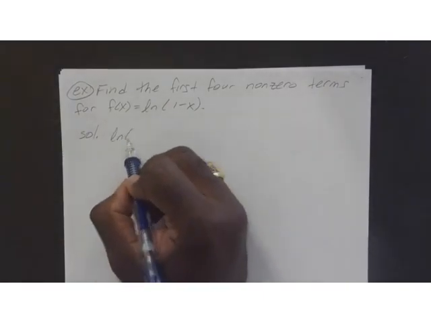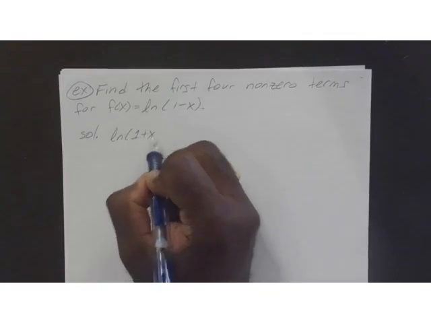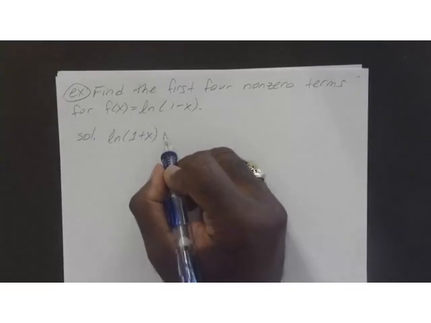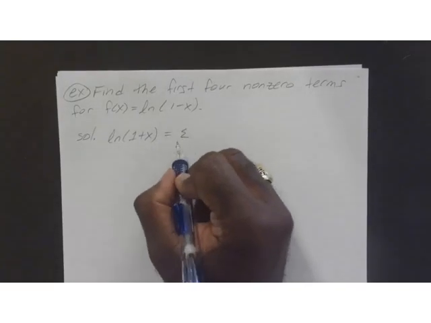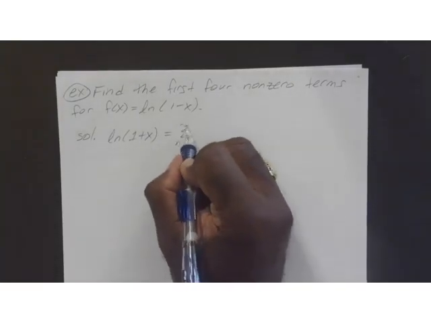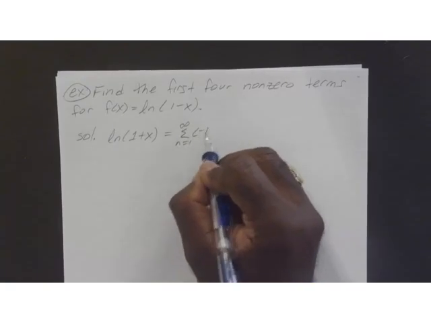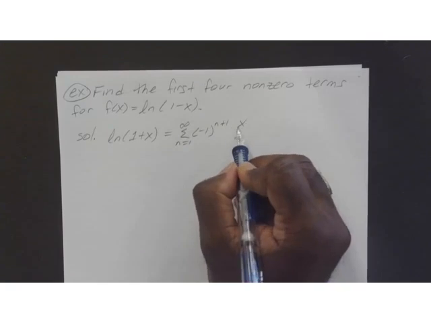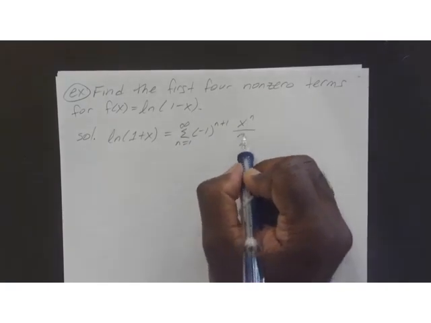Okay, so we know that the natural log of 1 plus x, there's actually a series for that, and that's the sum from n equals 1 to infinity of negative 1 to the power of n plus 1 times x to the power of n divided by n.